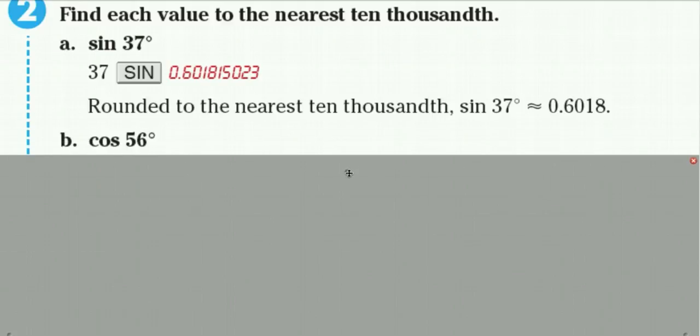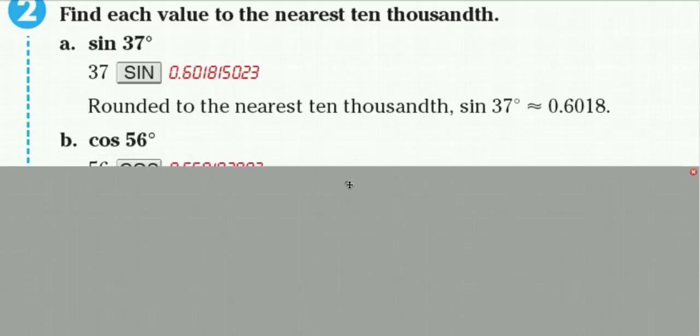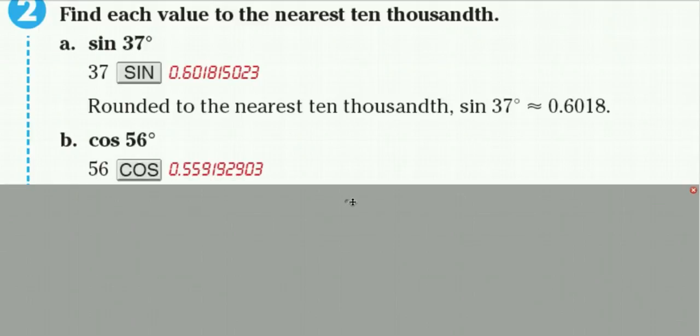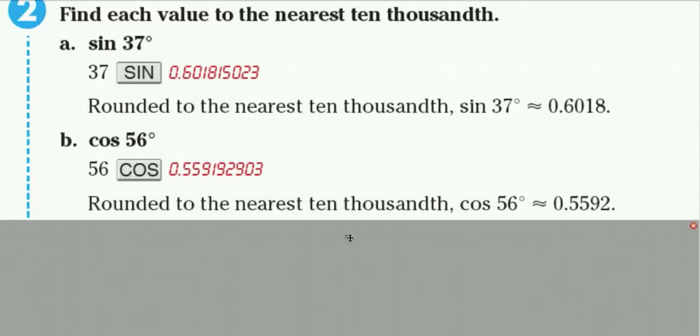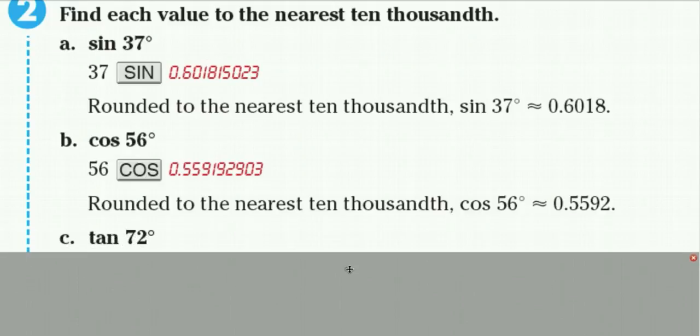To find cosine 56 degrees, in the same manner, press 56 on your calculator, press the cosine button, and you find the value to the nearest 10,000th. Cosine 56 degrees is approximately equal to 0.5592.